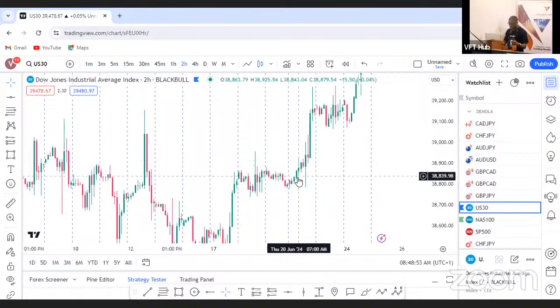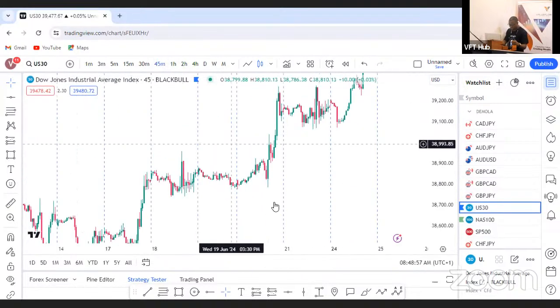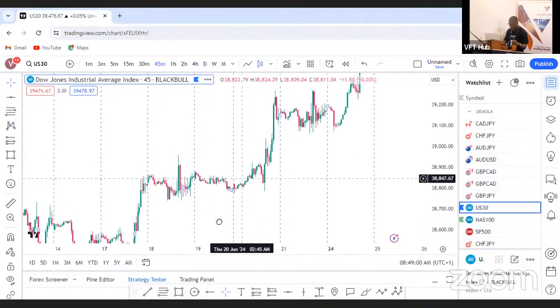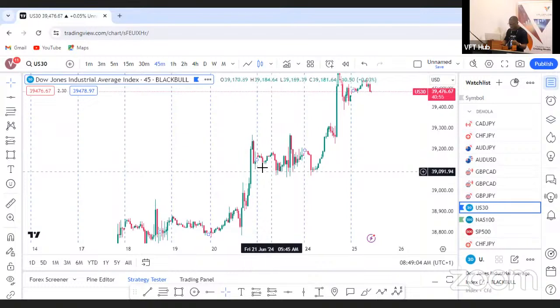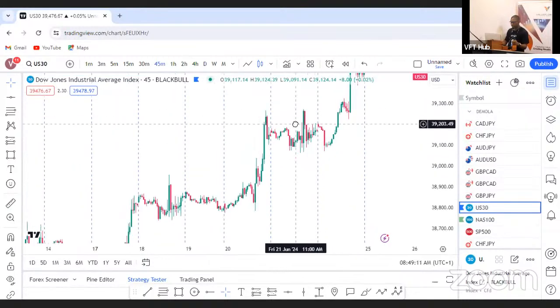We saw price tap into an FVG on a lower time frame, so 45 minutes. So price tapped into an FVG, and then we saw that boom to the upside. Yes, this FVG here, right? Price tapped into it and then began to push to the upside.